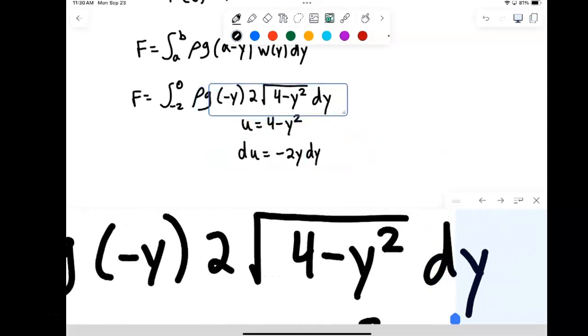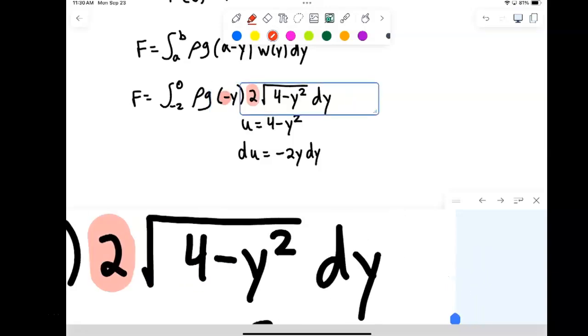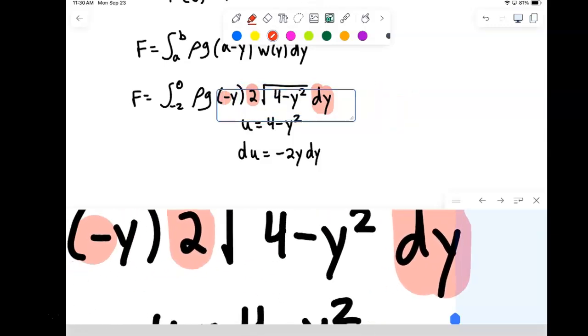And so notice here, I can take the negative sign along with my 2 in my dy, and I have everything I need to carry the substitution through.